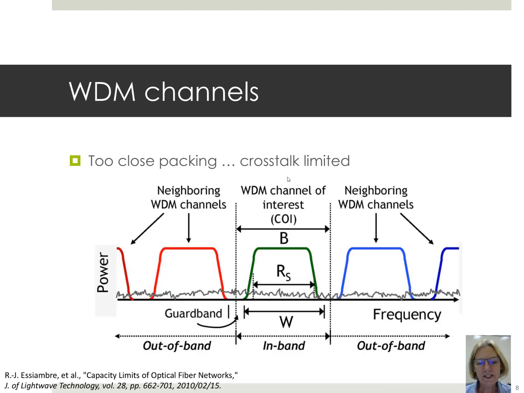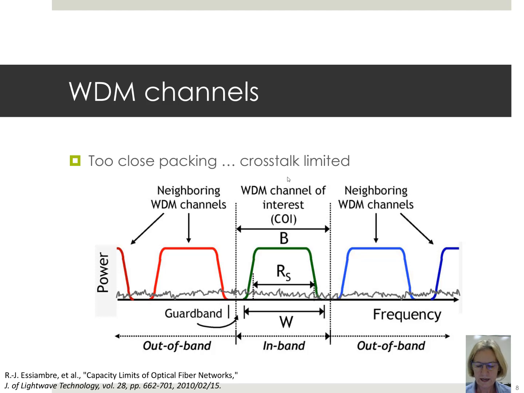So when we get to these numbers of how many channels we can put into the waveband, I showed you the bands we could use, but there's a question about how closely we can pack these wavelength channels. And there's a trade-off, because of course the tighter we pack them, the more information we can transmit. But we also are creating interference or crosstalk from the neighboring wavelengths.